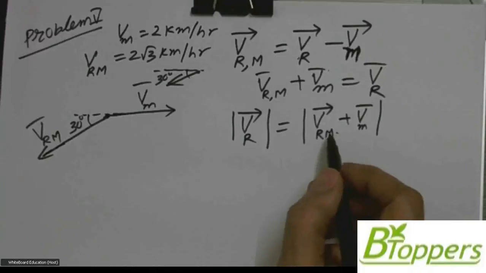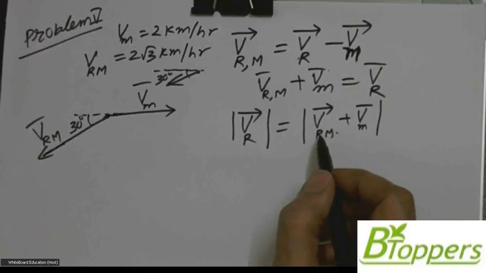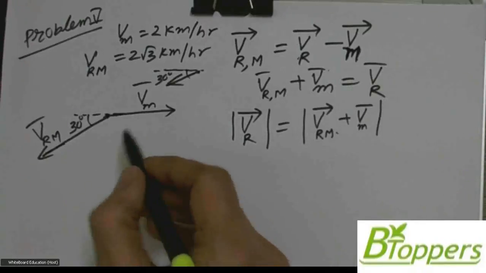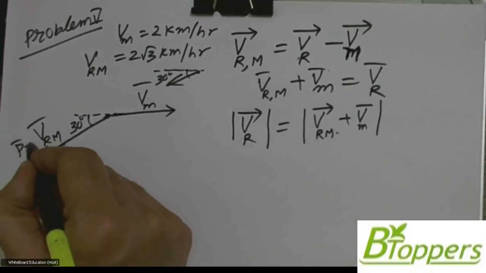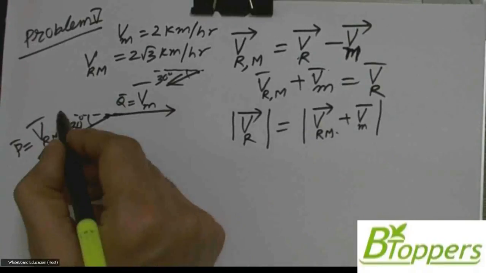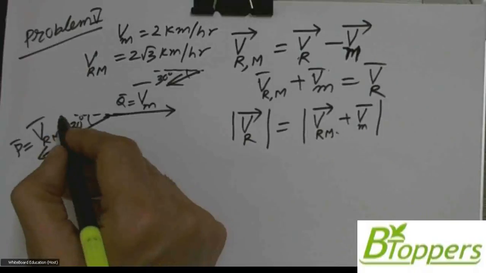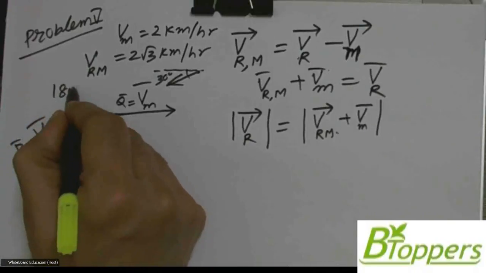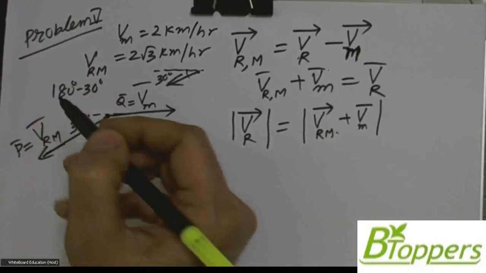So in general, the magnitude of the vector sum of two vectors P bar and Q bar is given by square root of P square plus Q square plus 2PQ cos theta. Theta is the angle between the two vectors. So here the angle between the two vectors P bar and Q bar will be 180 degrees minus 30 degrees.